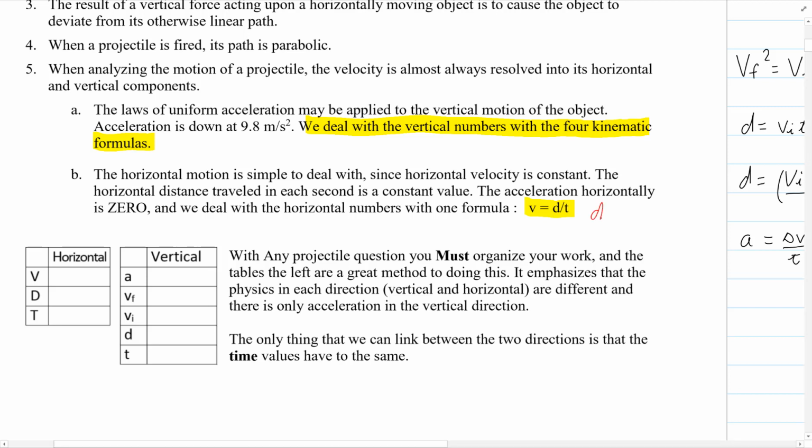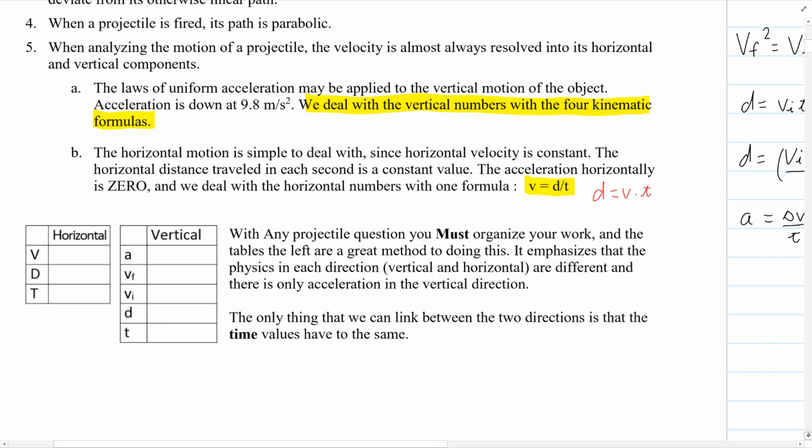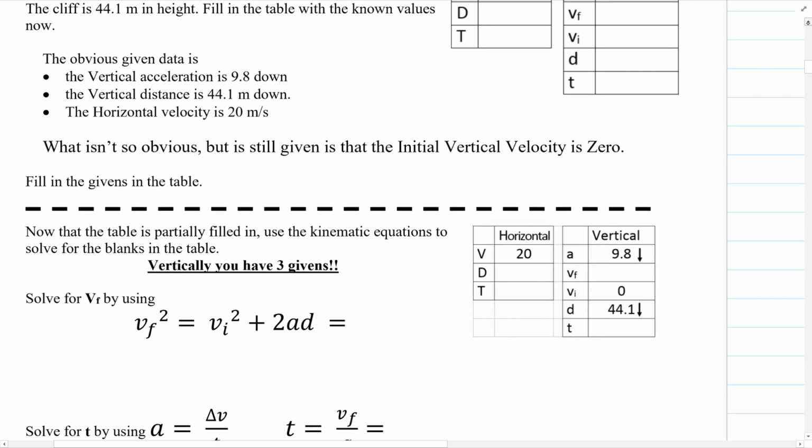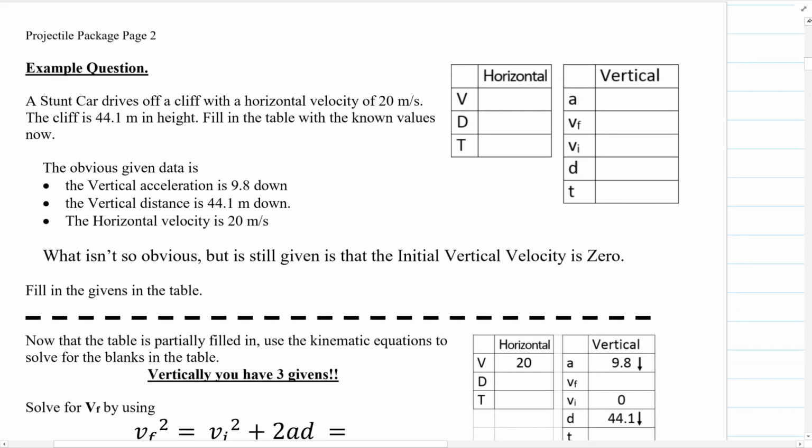So we can also rewrite that as D equals velocity times time. So just organize it into the 2 dimensions. I'm going to scroll through the next page so that you can see how it tells you to fill things in. Here it is.